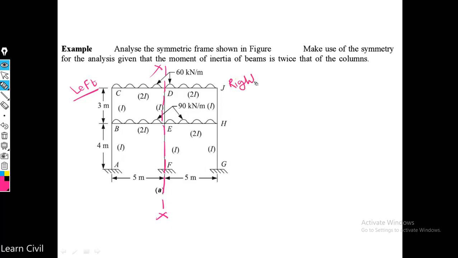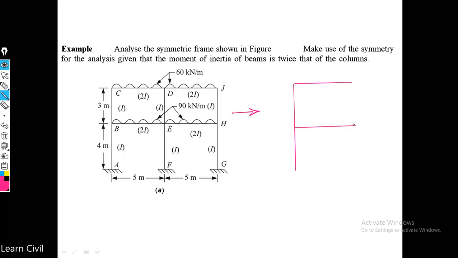Therefore we can take the advantage of symmetry, and we can consider this particular frame like this also.